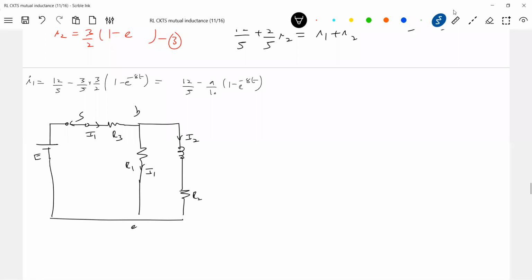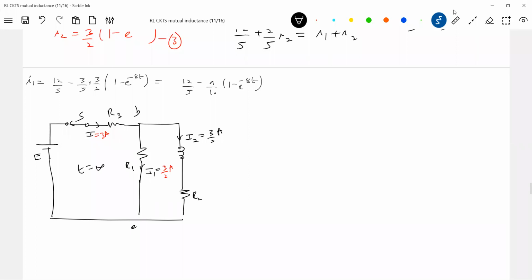So what is the I2 value? 3 by 2 ampere. What about the I1 value? Put T equal to infinity. How much? V by 2. Here also I1? Sir, 12 by 9. So this is I1, this is I. How much is I? I will be 3 ampere. Now based on the data given, I'm writing this much here. This is T equal to infinity.